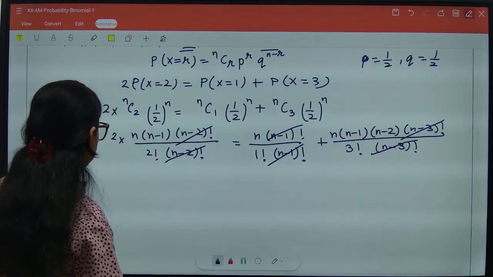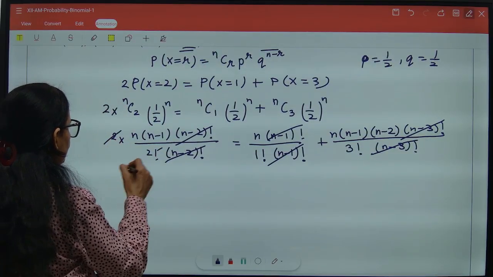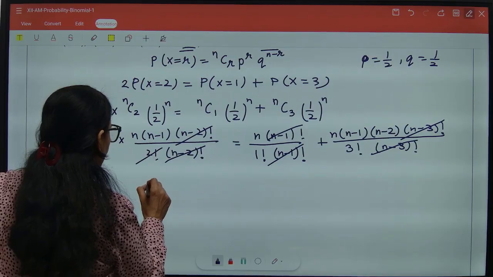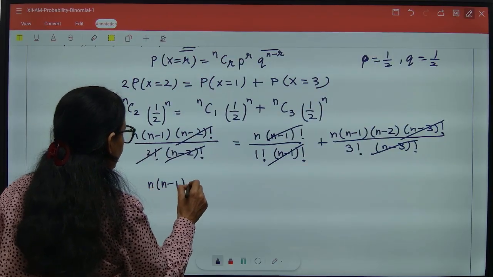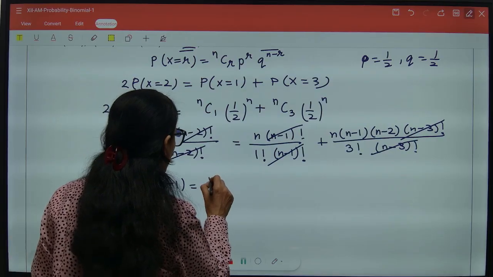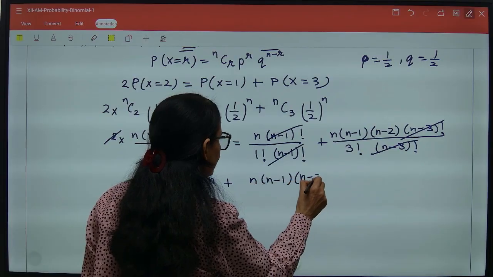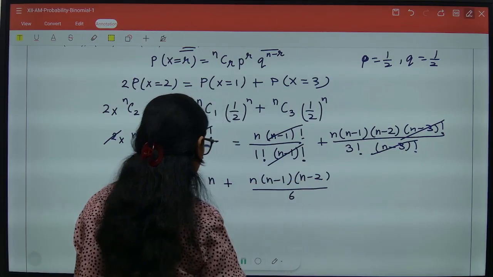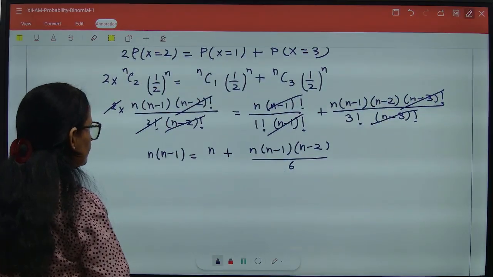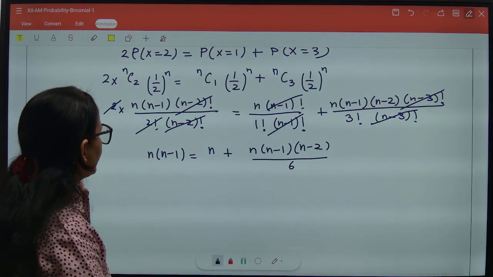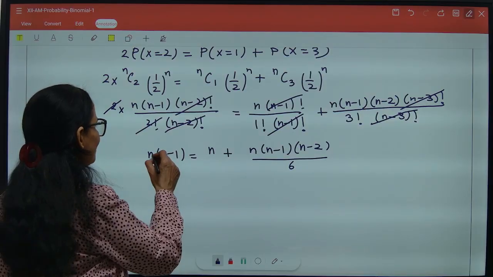So let's see. This 2 and 2 also gets cancelled. So we have n into n minus 1 equals n plus n into n minus 1 into n minus 2 upon 3 factorial, which is 6. Again, we can divide the entire equation by n because we can see n is here in all the terms.